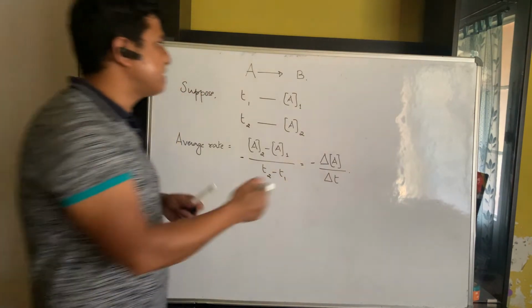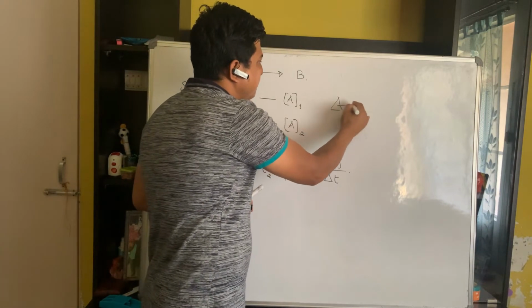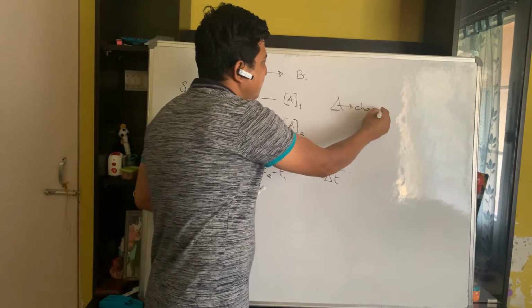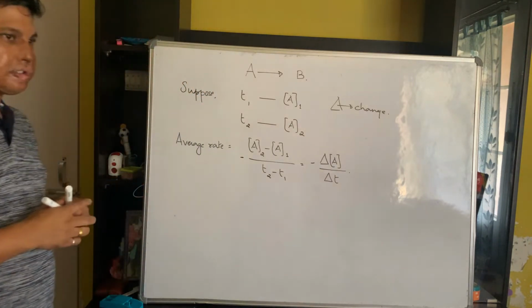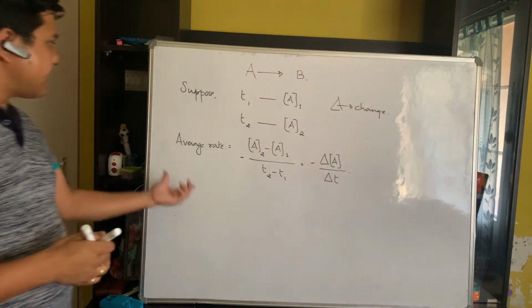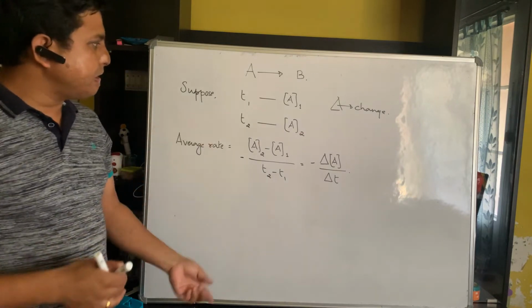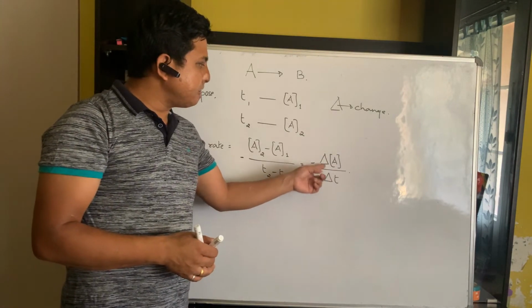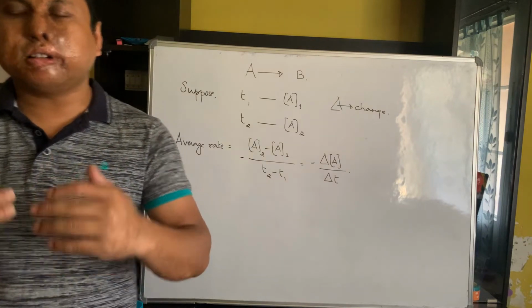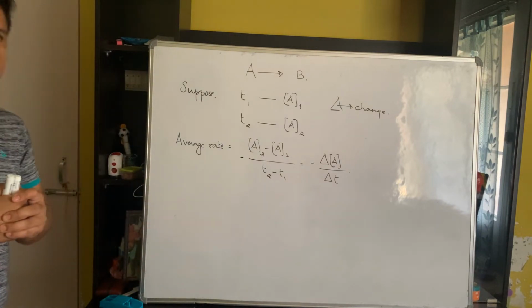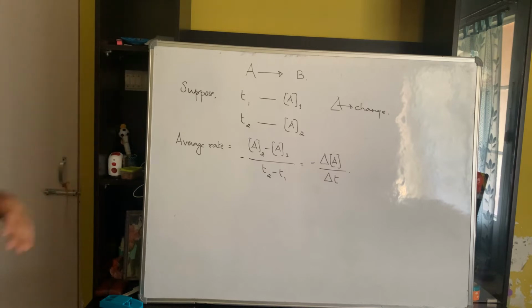Delta represents the change over a certain interval of time. So whenever you express the rate of a reaction as average rate, we place a delta sign to denote the change. So this is the simple formula.